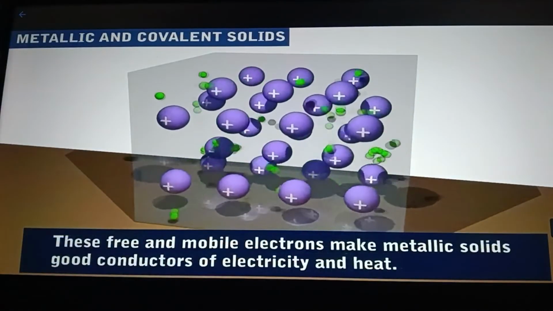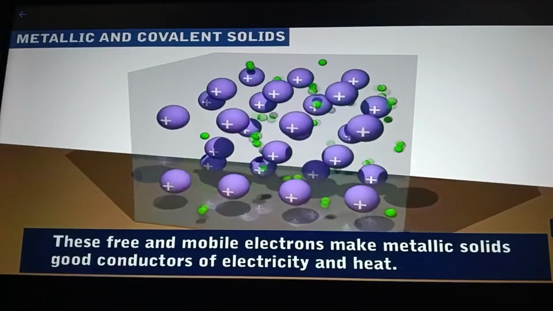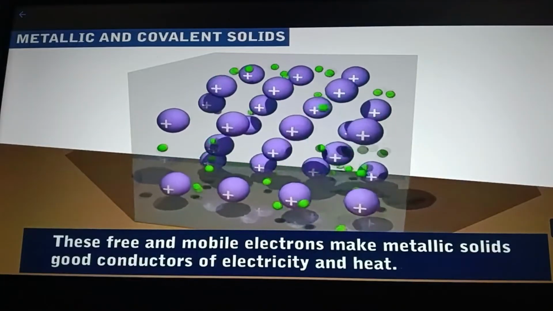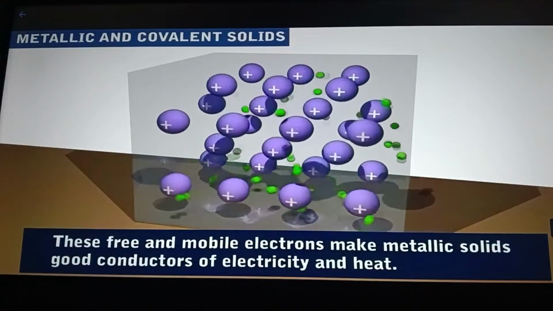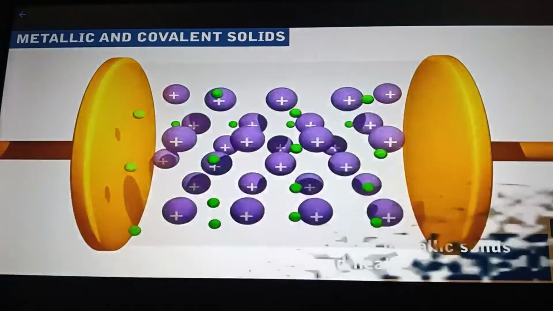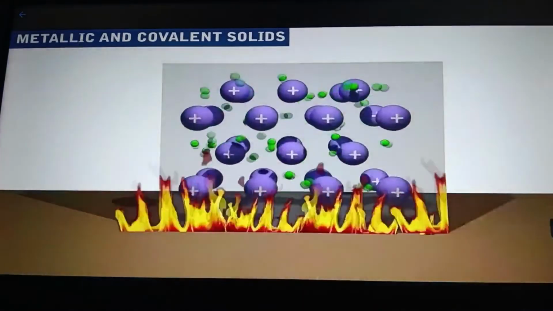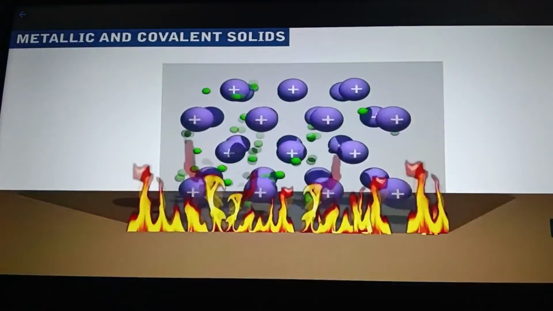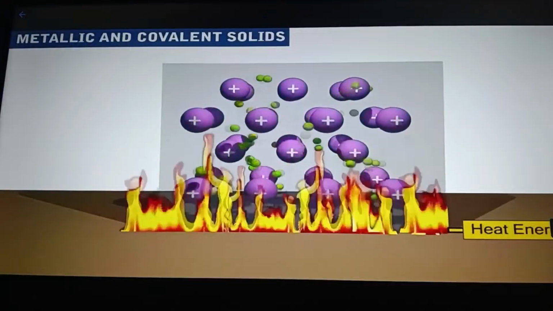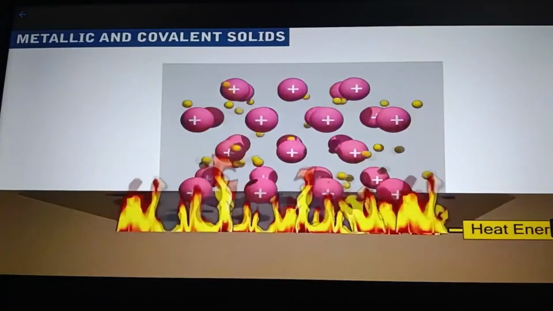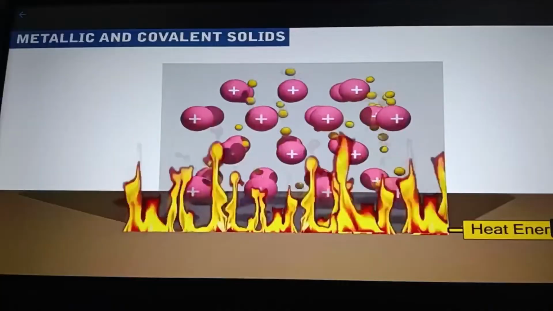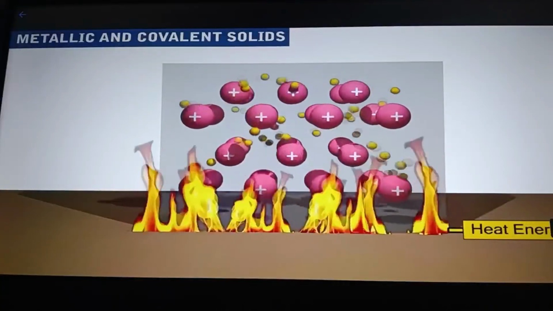These free and mobile electrons make metallic solids good conductors of electricity and heat. The electrons flow through a network of positive ions when an electric field is applied. Similarly, when heat is applied to one corner of a metallic solid, the free electrons spread the thermal energy evenly throughout the solid.